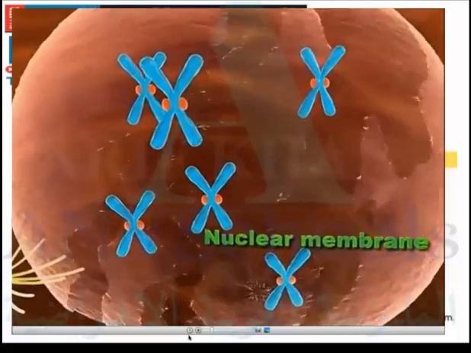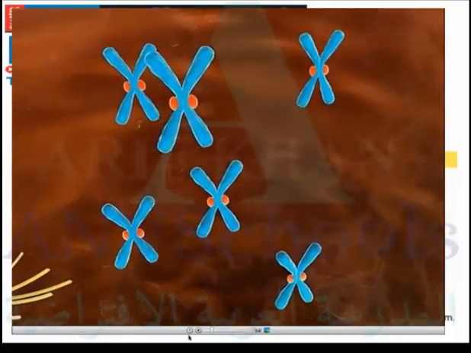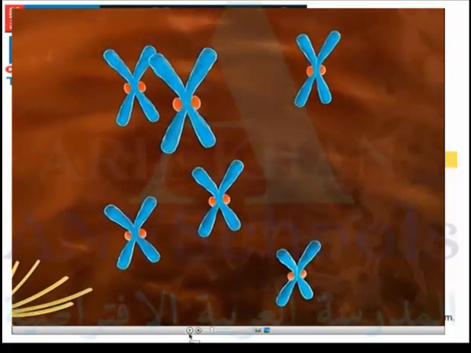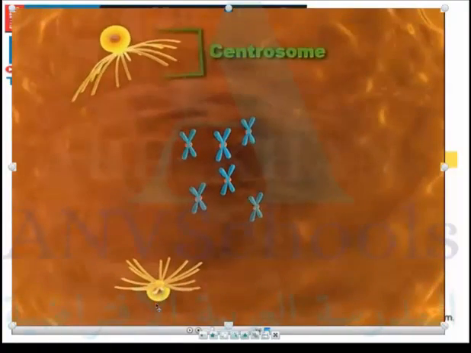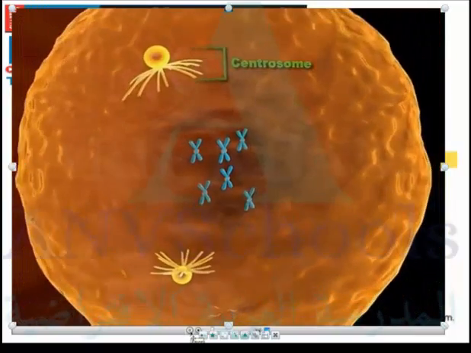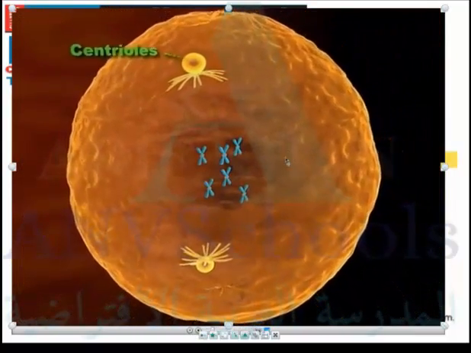Then the nucleolus and the nuclear envelope will rupture at this moment, or disintegrate. Then the centrioles, the centrosomes, will move in, and spindle fibers will form.